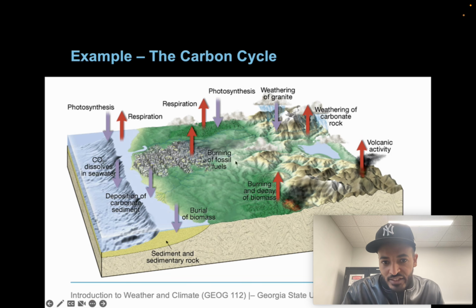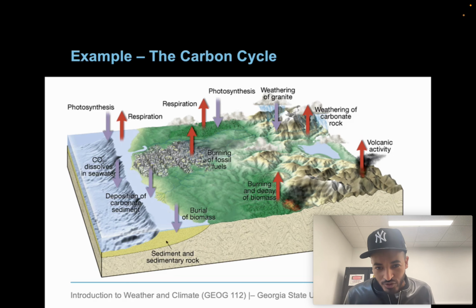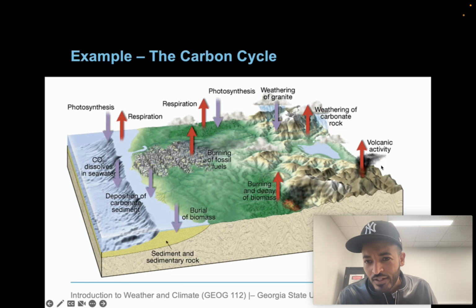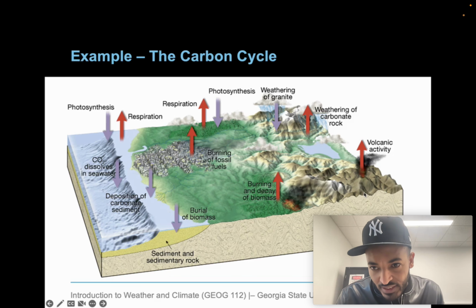And there is obviously the burning of fossil fuels. These are carbon sources from the biosphere, and then we also have carbon sources from the lithosphere, for instance, increased volcanic activity.